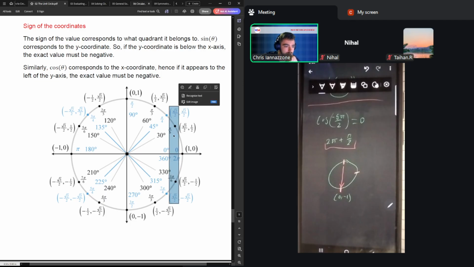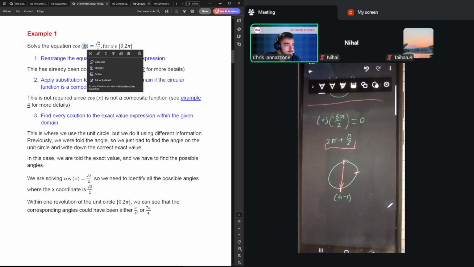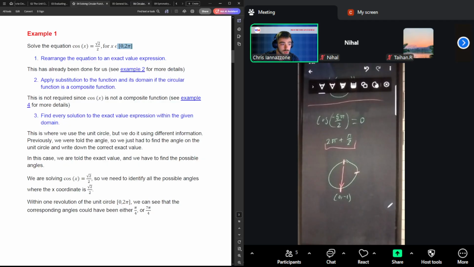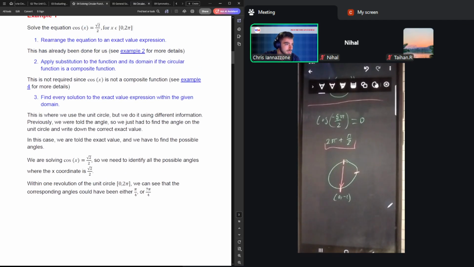Both of those have the x coordinate being root 2 over 2. Not actually a problem, because what you're given is a domain for which you are allowed to give all the possible values for that solution. So a domain of 0 to 2 pi simply means you have one full revolution of the unit circle to work with. And so you give both of those examples.